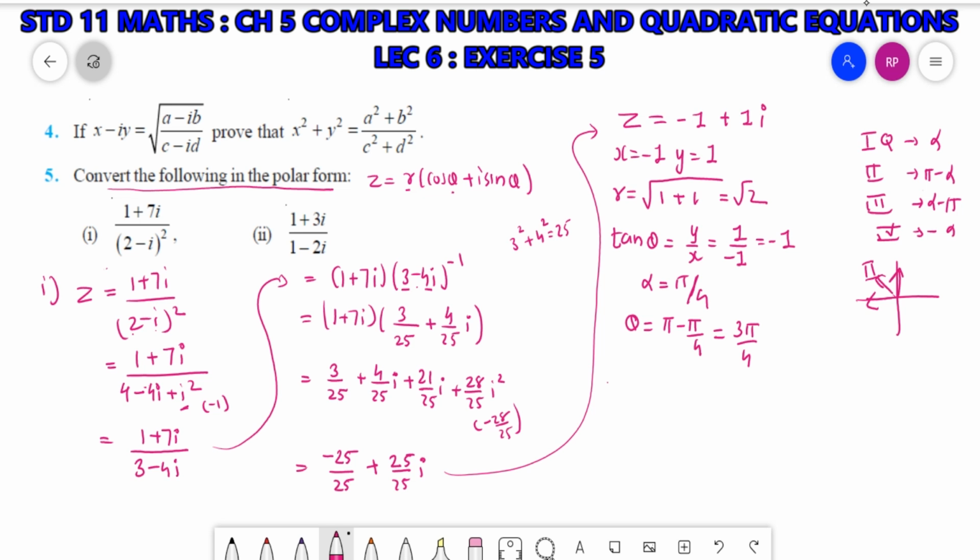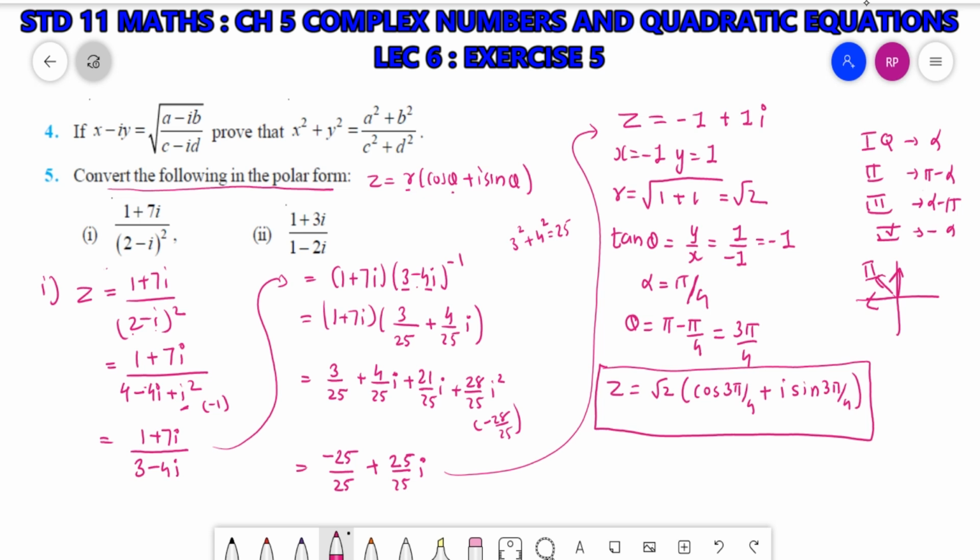Okay. So our polar form is r, what is r? Root 2, cos theta, that is cos 3 pi by 4, plus i sin theta, i sin 3 pi by 4. Clear? So this is the polar form of the first part of question number 5.